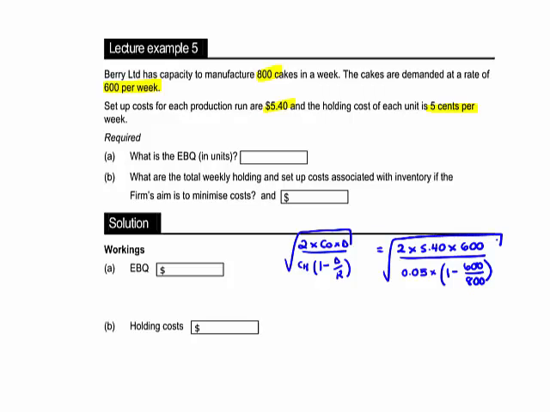The way I'd advocate doing it is 6 divided by 8, and then 1 minus that answer, recall on your calculator, multiply that by 0.05, and that will give you the bottom of the formula. And then put in brackets on the top, 2 times 5.4 times 600, close brackets, divide by your answer from the bottom, and then finally square root the whole thing. And you should end up with an EBQ of 720. That's 720 units.